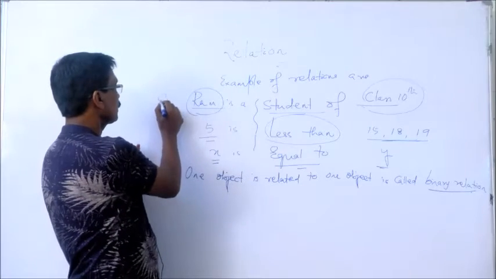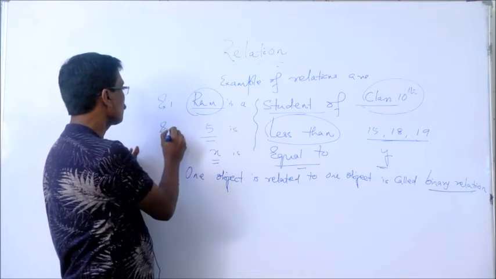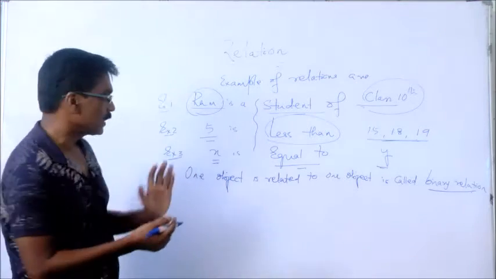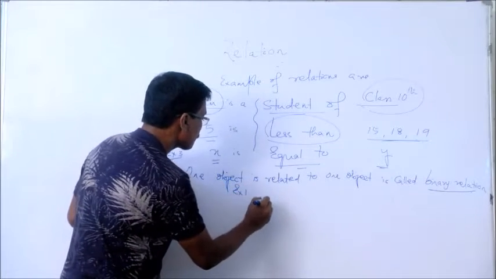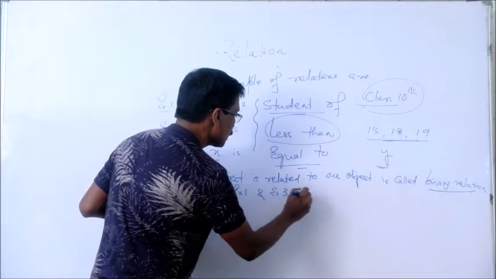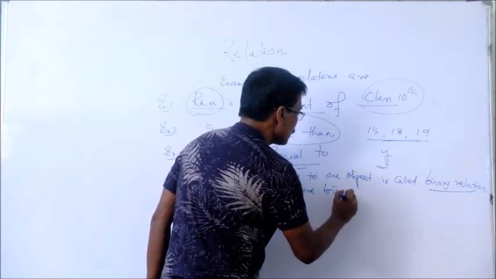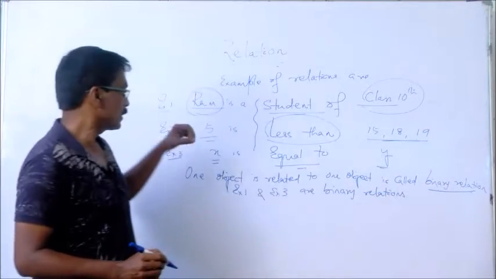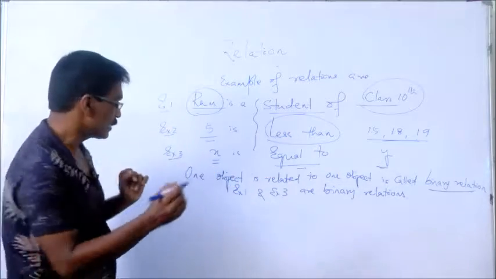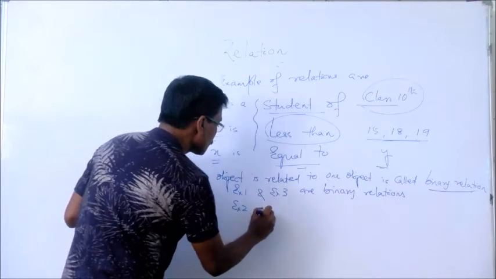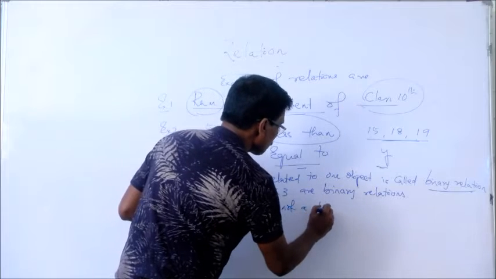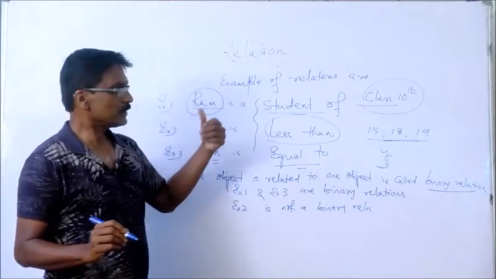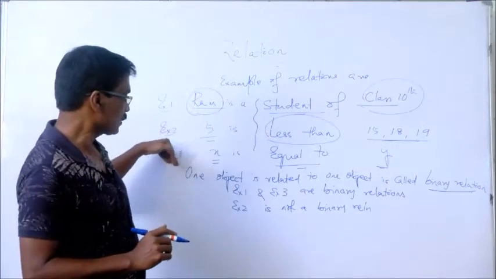Say this is example 1, example 2, example 3. Out of these 3 examples, example 1 and example 3 are binary relations, but example 2 is not a binary relation. A binary relation is a relation of one object with one object.